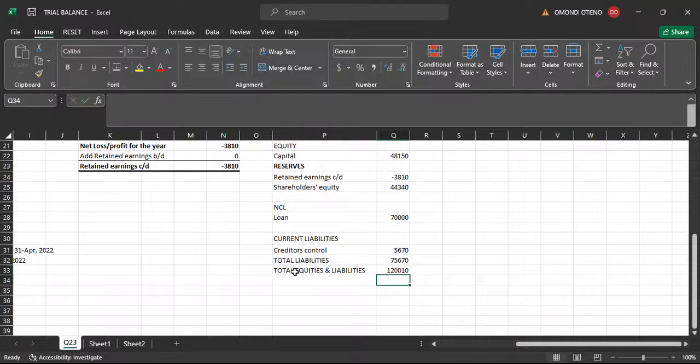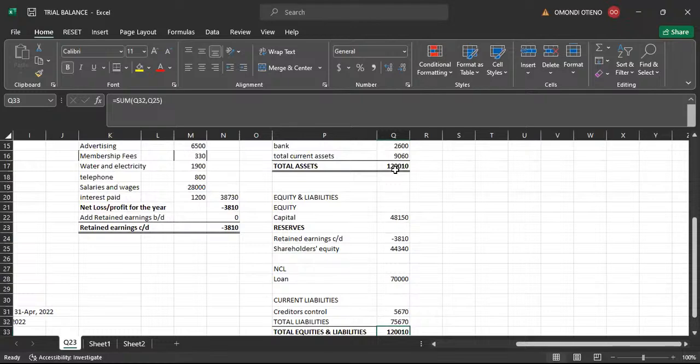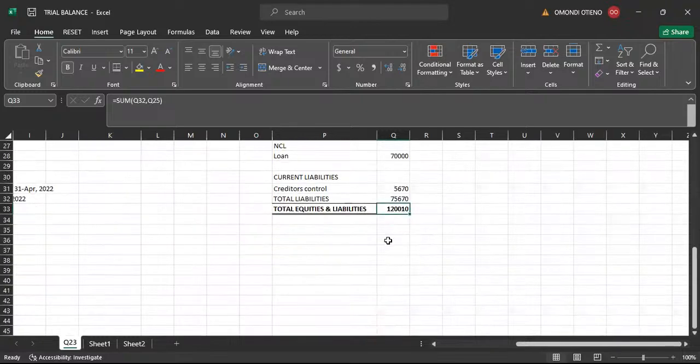If I add that, I should be able to get total equities and liabilities, which becomes the balancing figure under this section. So if we get the summation of total equities and liabilities together, compare that with the total assets, is it going to balance?